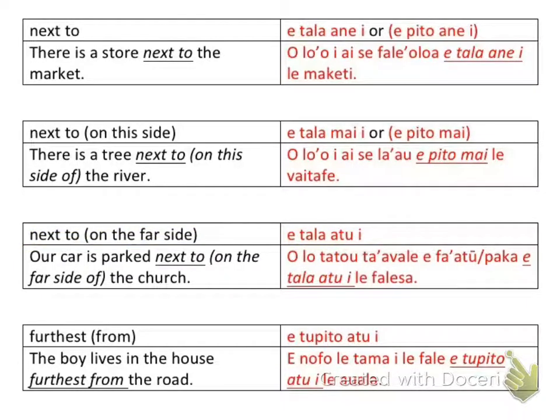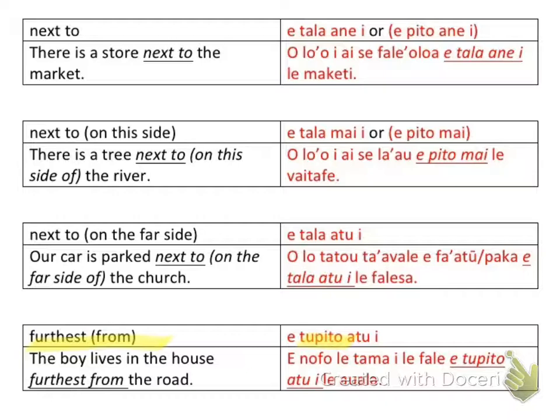Okay, and then furthest from, this is a good one to know. For some reason you can say e tu pito atu instead of just pito, and that means furthest from. So the boy lives in the house furthest from the road. The way that I would say that is e nofo le tama i le fale e tu pito atu i le auala. Again, don't ask me why you can use tu pito atu and not pito atu.